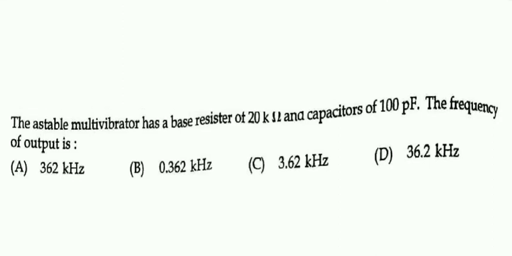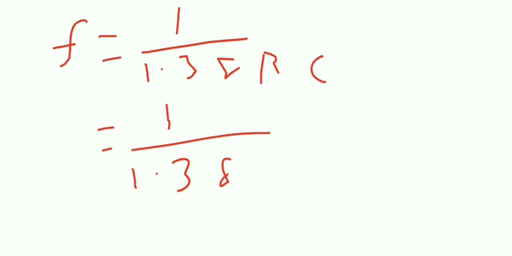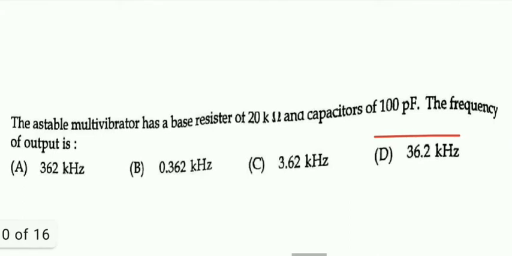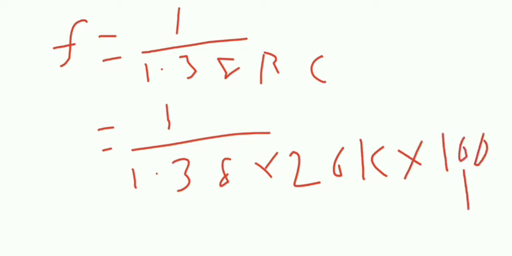We know that for an astable multivibrator, F is equal to 1 by 1.38 RC. R is 20 kilo ohm, C is 100 picofarad.